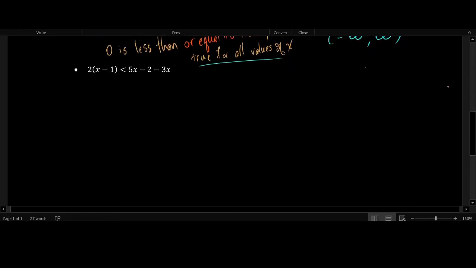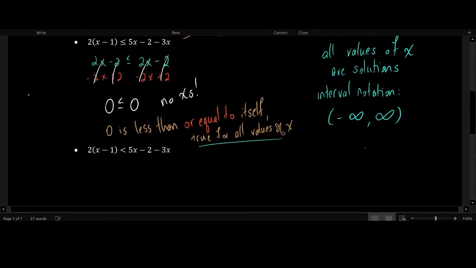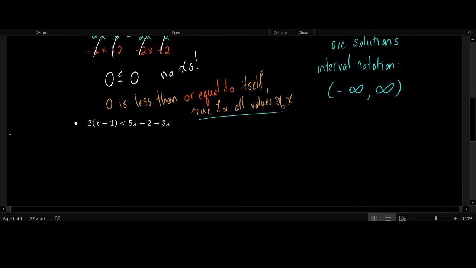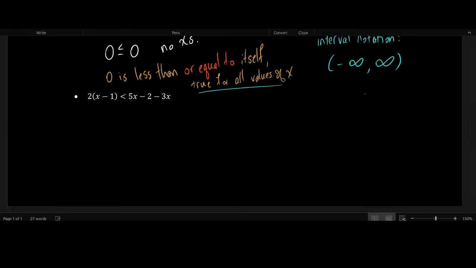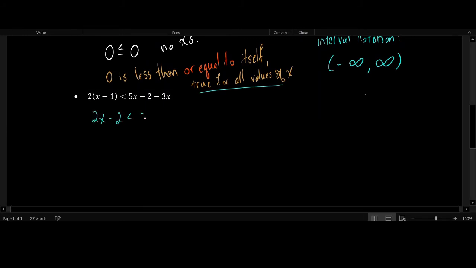One more time. This time, the change that I've made is I've turned that less than or equal to symbol into a less than symbol. So let's do the standard thing: distribute, combine like terms, gather like terms together, and I result in the inequality 0 strictly less than 0, where once again we have no x's.